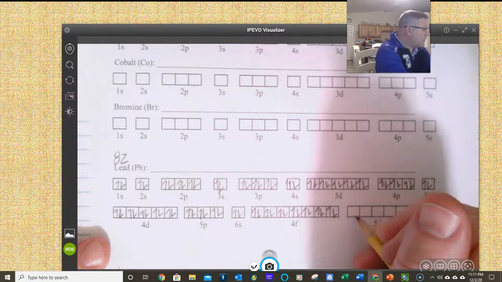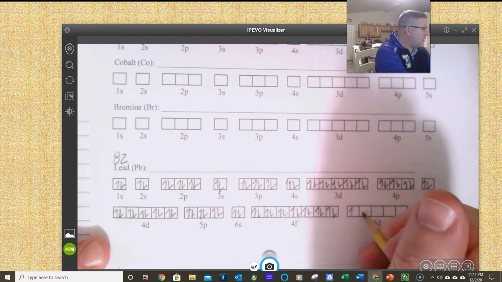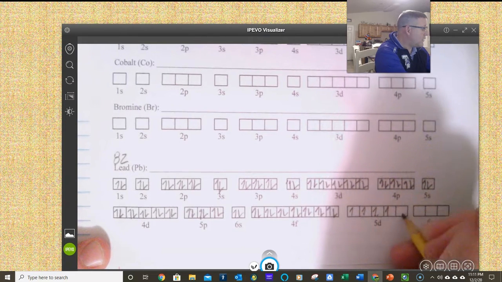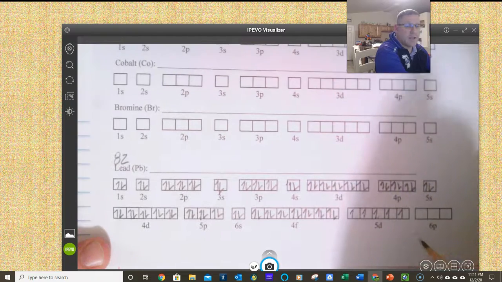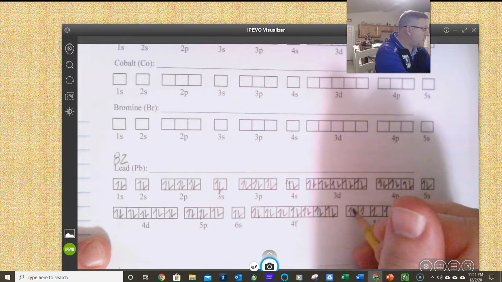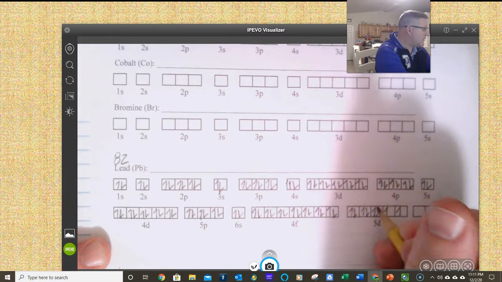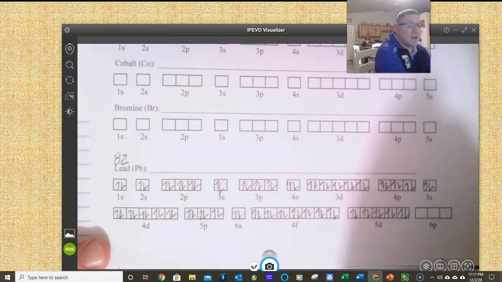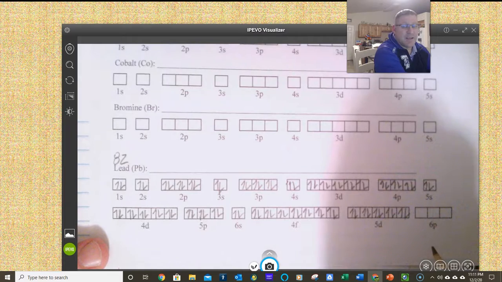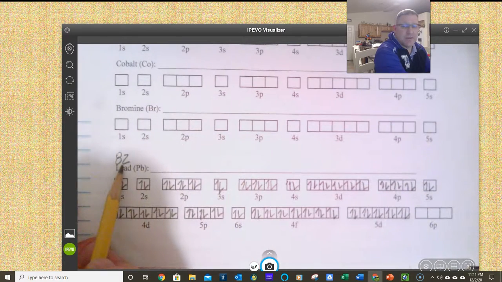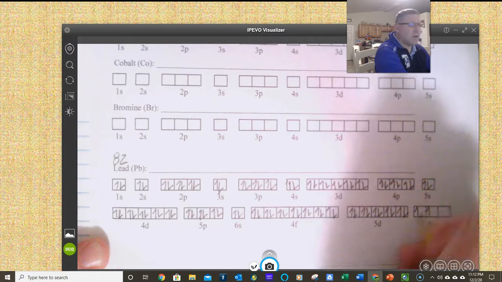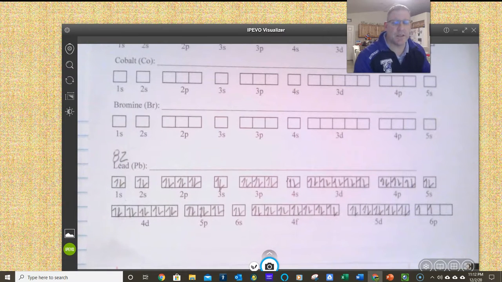Now they go to the 5d, 1, 2, 3, 4, and 5 electrons. Now they'll pair up 6, 7, 8, 9, and 10 electrons. I've now found a home for 80 electrons. I need to get to 82, so I simply mark 2 arrows to give me 82 electrons.